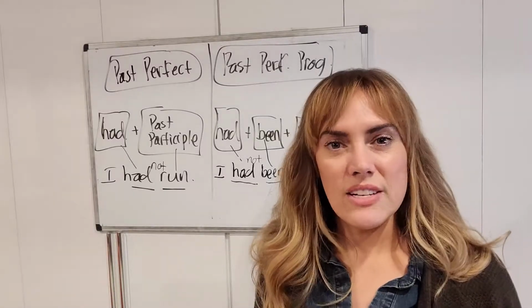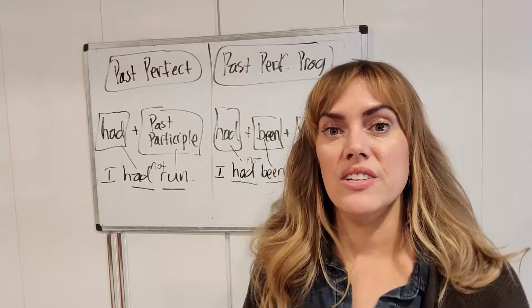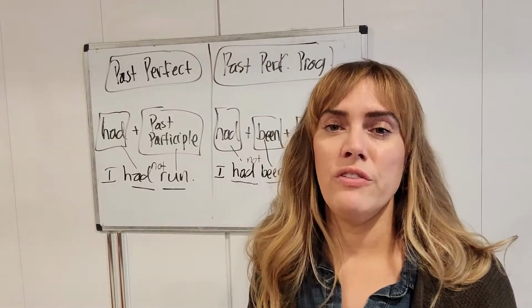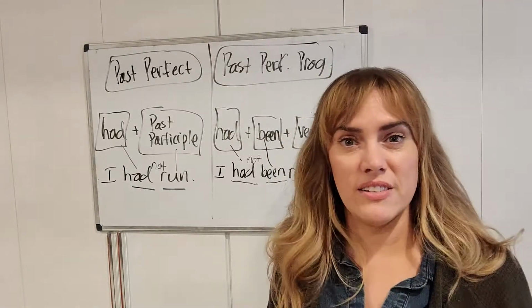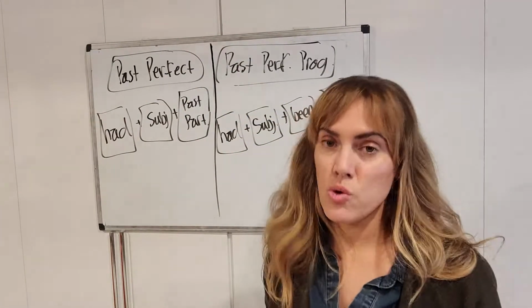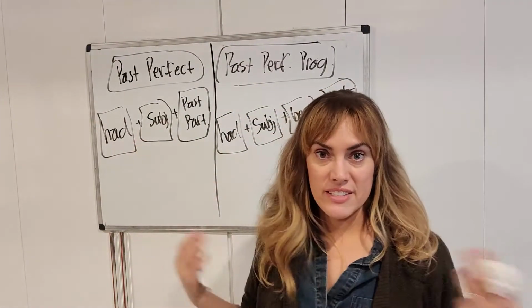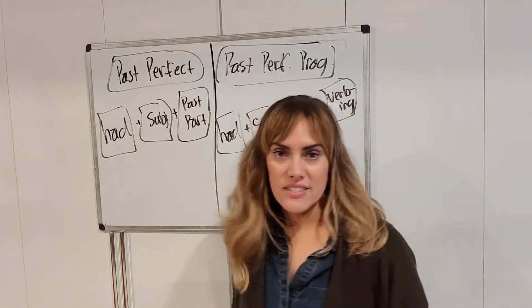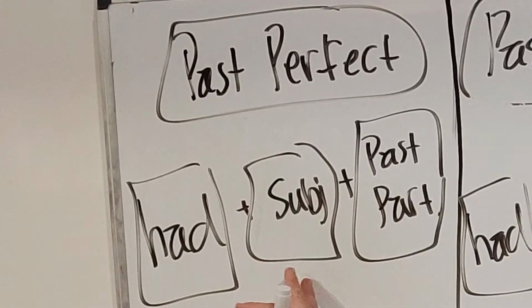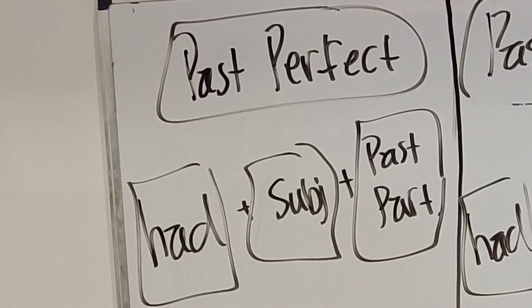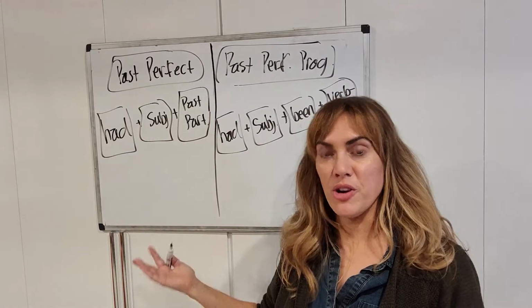But what about yes, no questions and WH questions? How do we use the past perfect and the past perfect progressive for those ones? Let's look at a yes/no question for a past perfect statement. So we can say had, and then the subject, and then the past participle of whatever verb you're using.